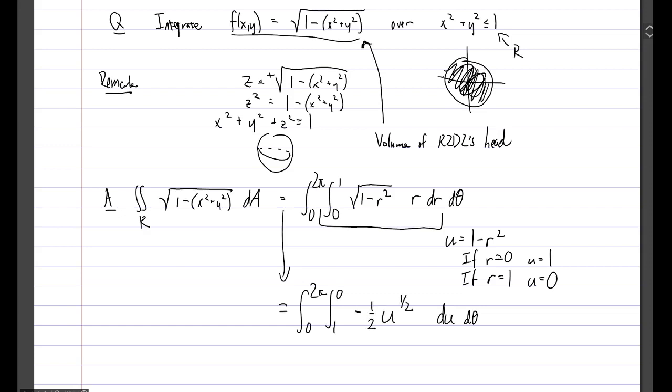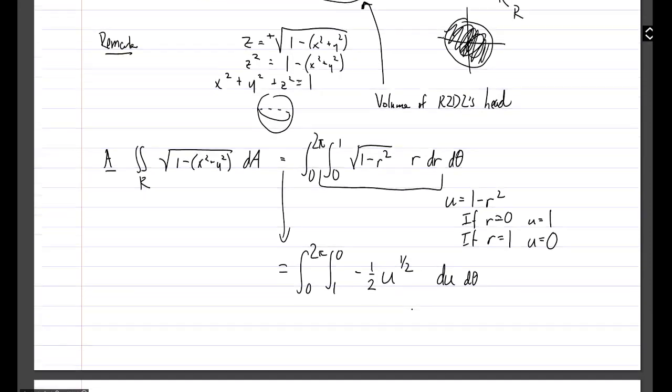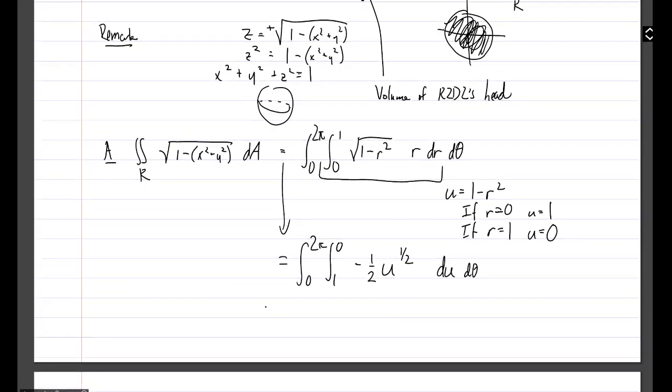You got to work out a little bit of this substitution business. And then if we now do the inner integral, leaving the outer integral 0 to 2 pi, we'll have negative 1/3 u to the 3/2. Evaluate u at 0, and then you evaluate at 1 and subtract in that order, d theta.